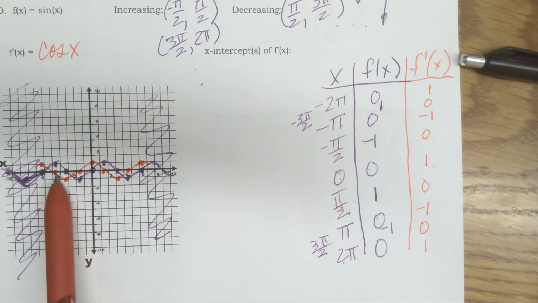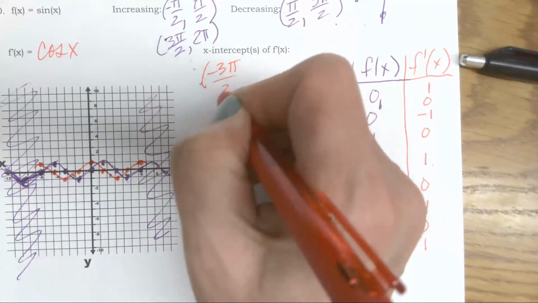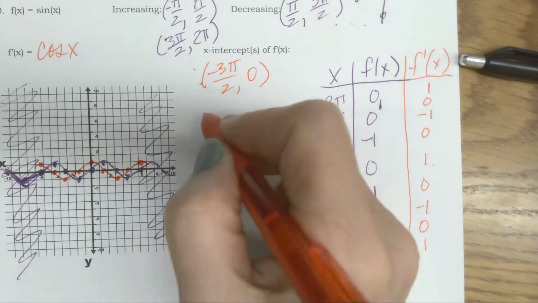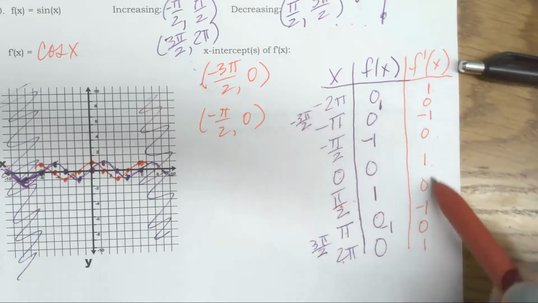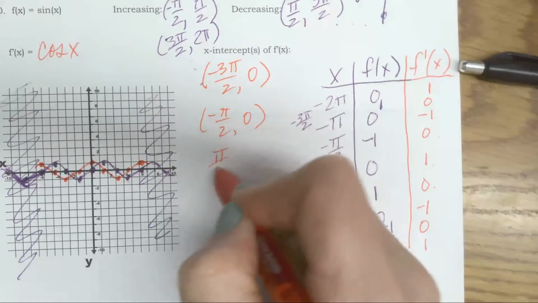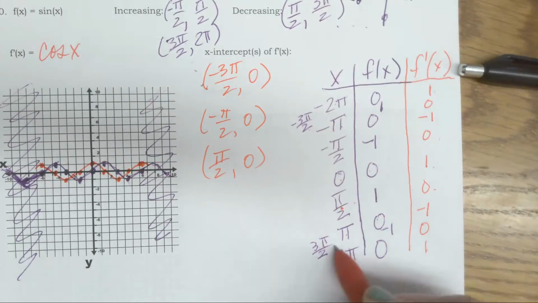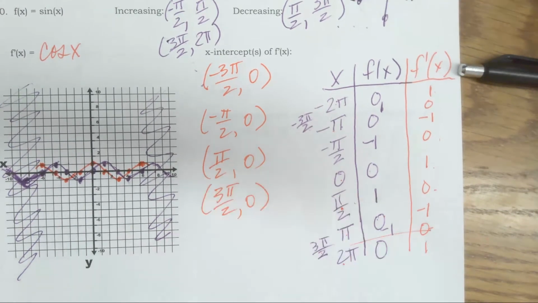Yeah, that was at negative 3 pi over 2. So at negative 3 pi over 2, 0, where else? Negative pi over 2, 0. And I'm just going through the list here. Where else? Pi over 2, 0. And I think 3 pi over 2 was the next one, right? Okay.